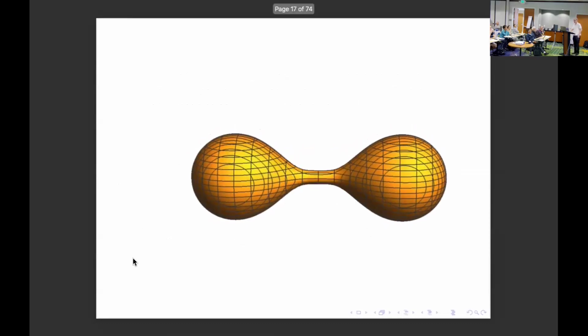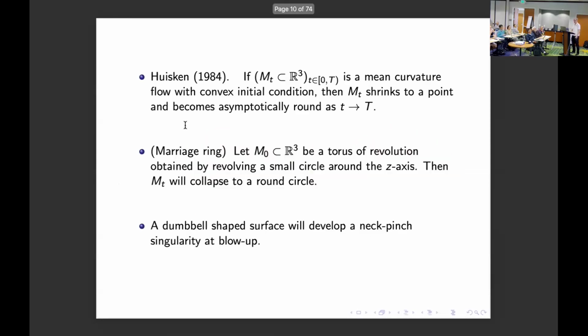So from these three examples, I want to point out that in the first one, right, the surface shrinks entirely to a point. So there's just a singular point, and the surface shrinks down to it. In the second one, again, the whole surface kind of disappears, but the singular set is not a point; it's a circle.